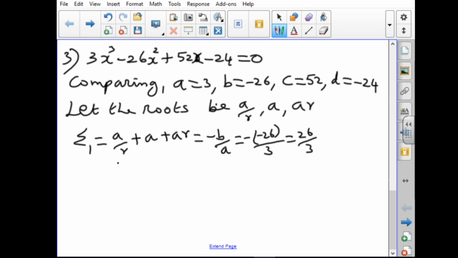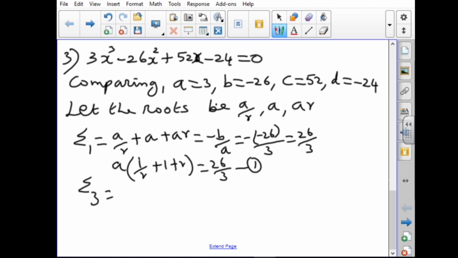A is common, so A can be taken out. A into 1 by R plus 1 plus R is equal to 26 by 3. This we take as equation 1. Number 2 we need not take, so sigma 2 is not necessary; we will take sigma 3.